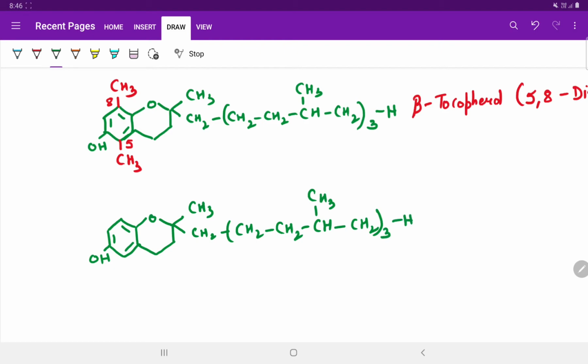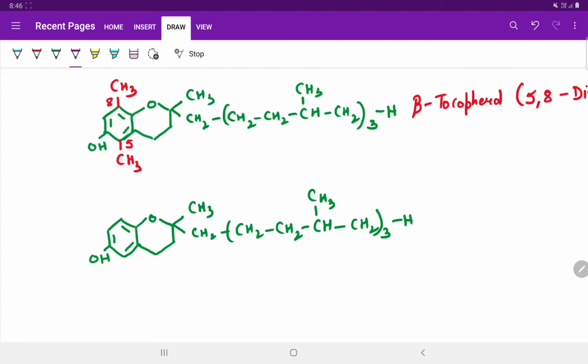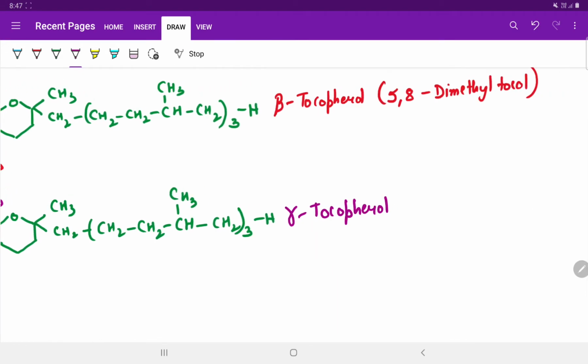This is the basic tocol ring structure. Now the methyl groups will be attached at the 7th and 8th position, you can see here. This is known as gamma tocopherol, and it has the 7,8 dimethyl tocol. So the IUPAC name is 7,8 dimethyl tocol.